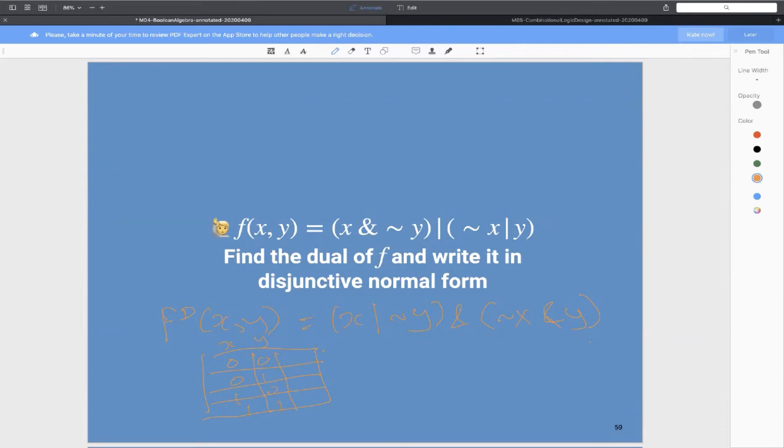Okay. So if x and y are 0, 0, then what will happen if y is 0? If you look at this expression, whenever y is 0, the output is 0 for the dual.